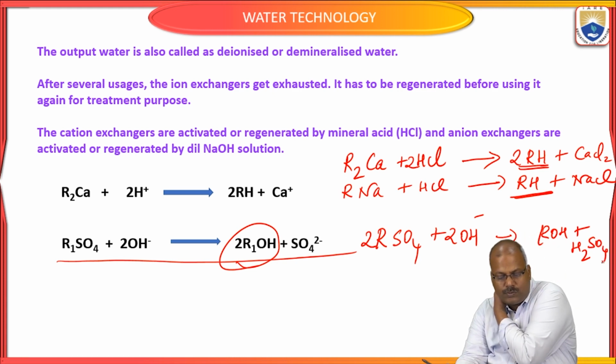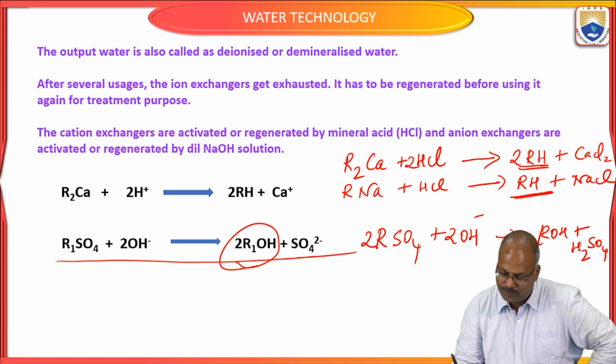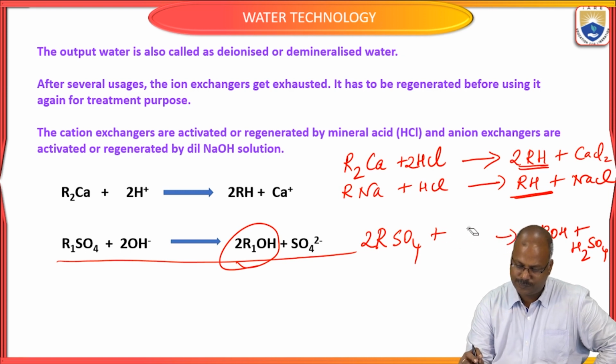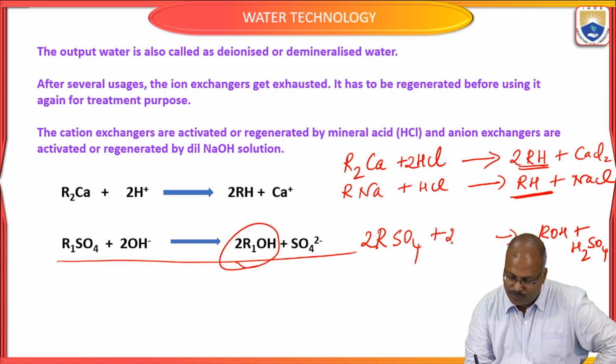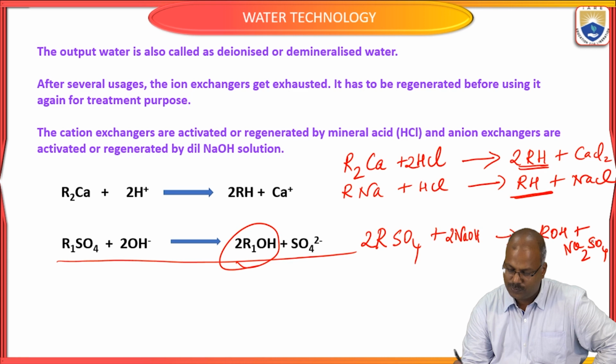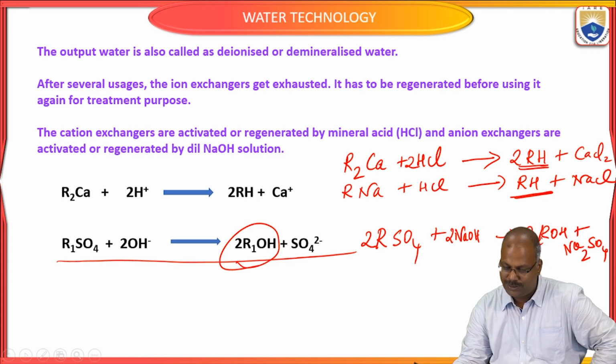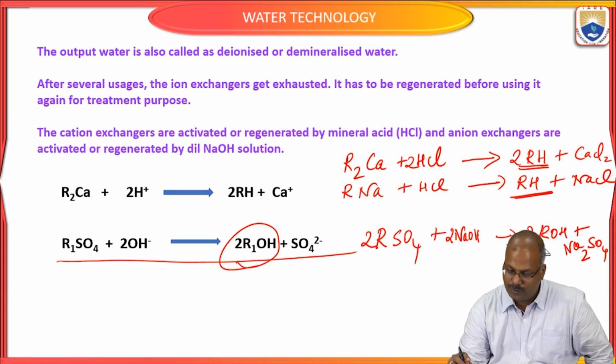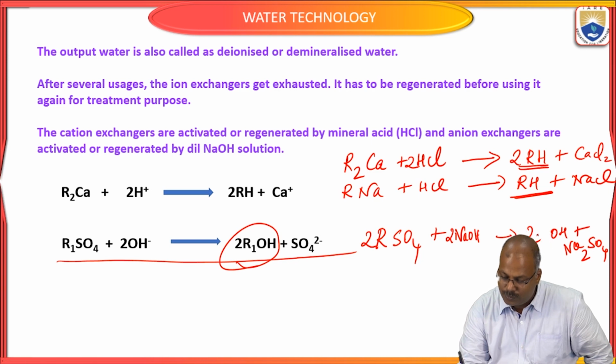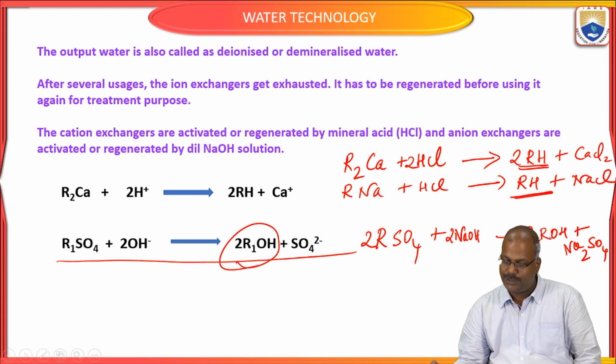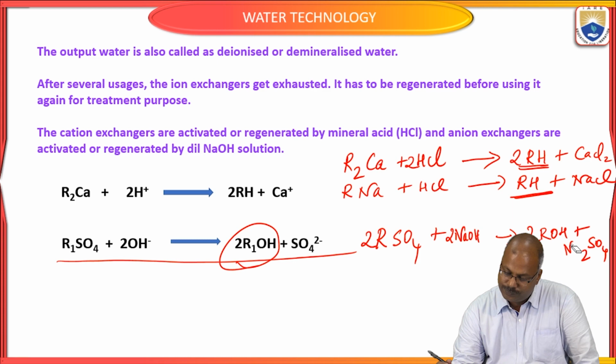We'll write it as R2SO4 plus 2NaOH gives 2ROH plus Na2SO4.